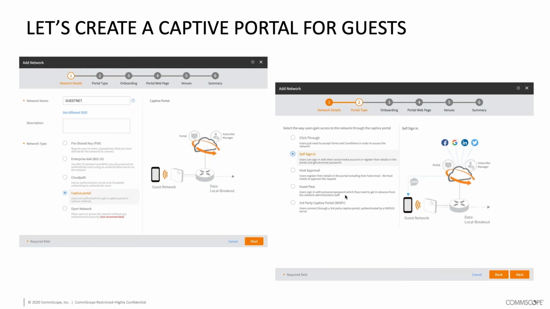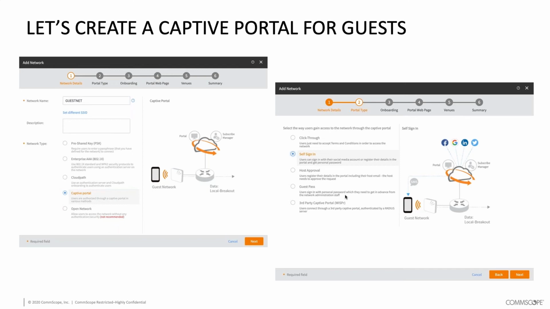You can do a host approval. So the user fills out a form and then it goes to a host inside your company for them to approve and say, okay, this user's good, we'll validate them. Guest passes, you can pre-build guest passes and have receptionists hand out guest passes as people walk in the door for a period of time, or third-party captive portal.